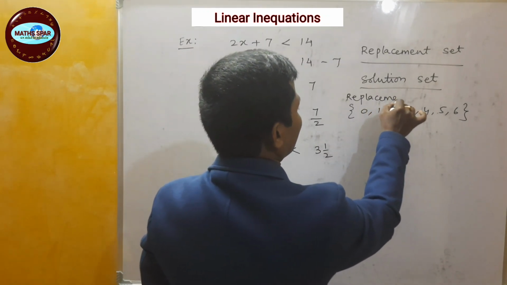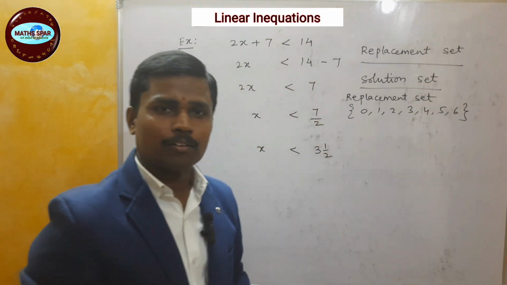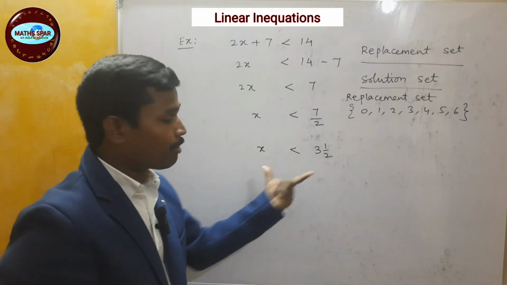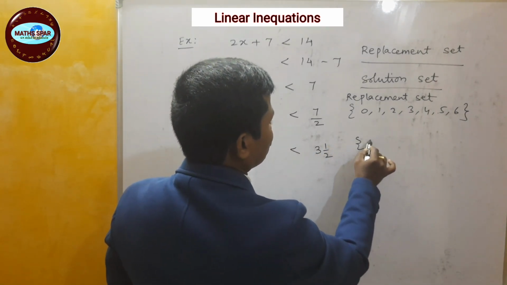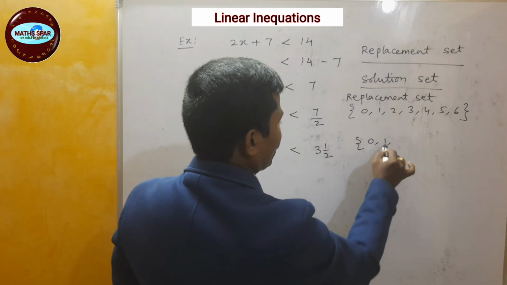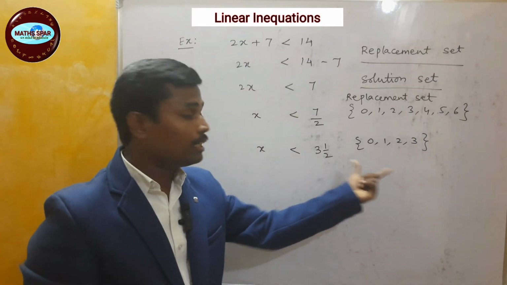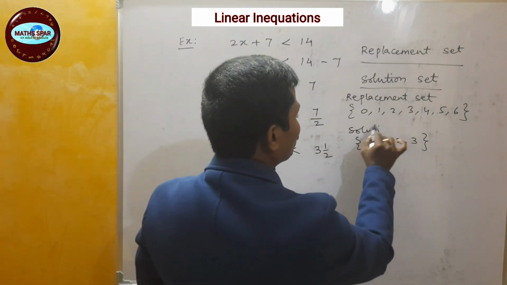It is already given in the question that the solution is among these numbers. But out of these numbers, what are the numbers less than 3 1 by 2? That is 0, 1, 2 and 3. These are the numbers which are less than 3 1 by 2. So this is called a solution set.